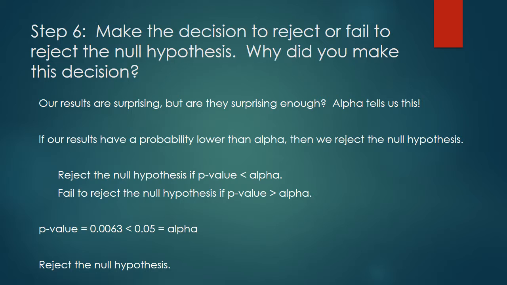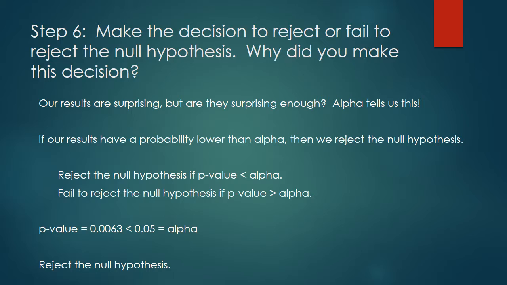Our alpha is how unusual our results need to be in order to throw out the null hypothesis, in order to reject it. If our p-value is less than alpha, we reject the null hypothesis. If our p-value is greater than alpha, then our results are not unusual enough to reject the null hypothesis. We expect to get stuff like that every now and then.